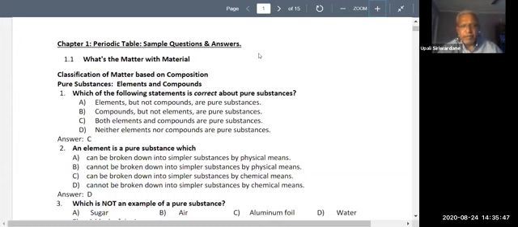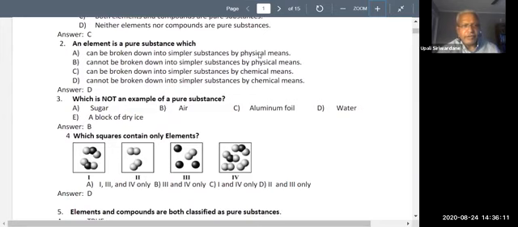Both elements and compounds are pure substances. For example, if you take B as an answer, compound but not element, it has to be both elements and compounds. The last one, neither elements nor compounds, is not right.